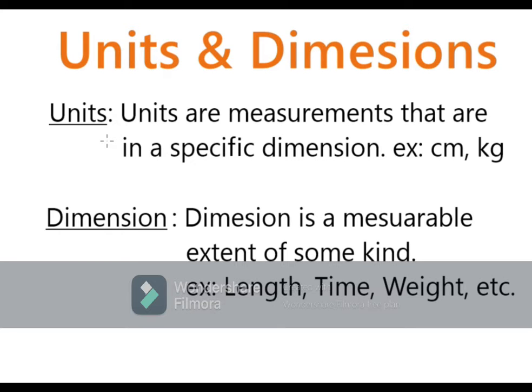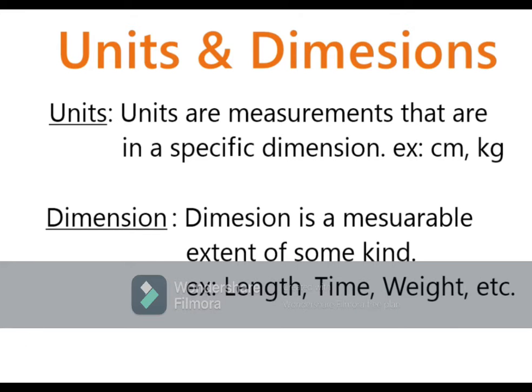A dimension is a measurable extent of some kind: length, time, weight, etc. If units are measurements in a specific dimension, then you can say that centimeters is a measurement in the length dimension since it measures the length, and kilograms is in the weight dimension, which measures the weight.